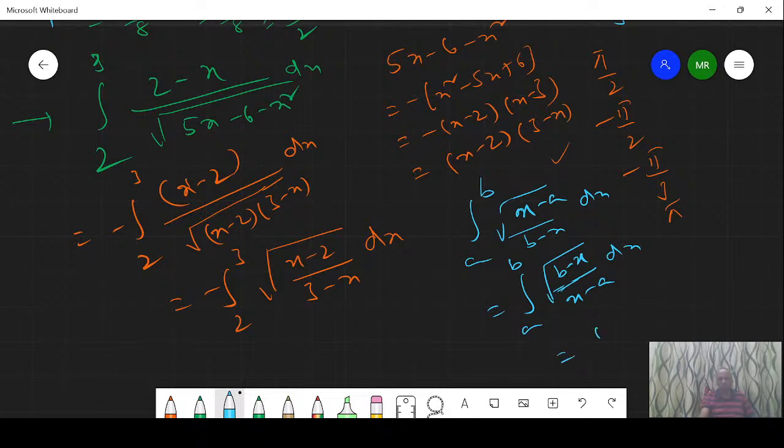Remember these two are equal, and the answer is always pi by 2 into b minus a. Now you can tell your answer: pi by 2 into 3 minus 2, with the minus outside, so your answer will be minus pi by 2. We got the minus because you have taken minus common here. So this is your answer.